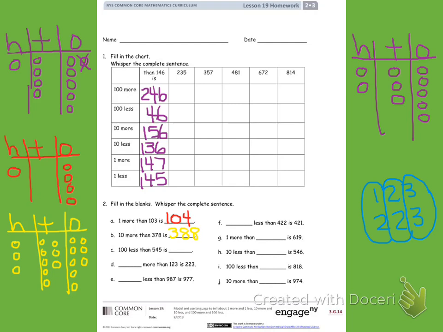Well, the ones look the same, the tens look the same, but the hundreds have changed. So on the first line, we'll write 100 more than 123 is 223.